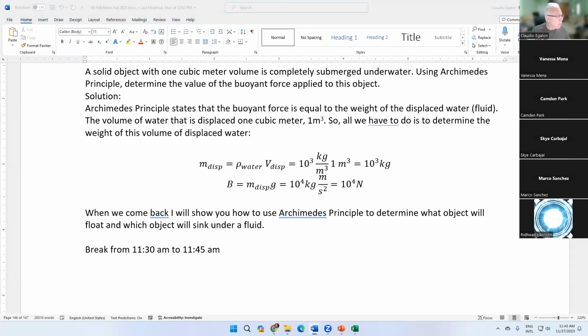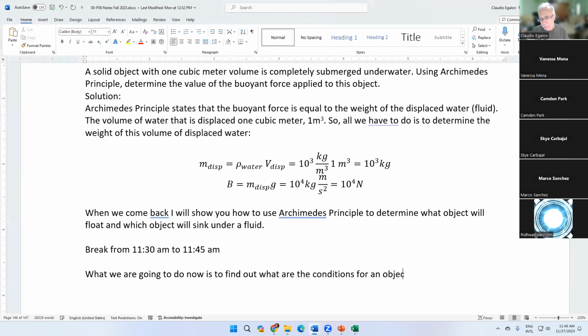What we're going to do now is find out what the conditions are for an object to float, sink, and remain at the same depth. This condition is called neutral buoyancy.